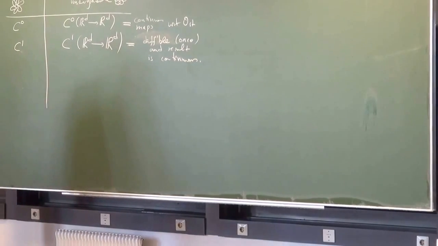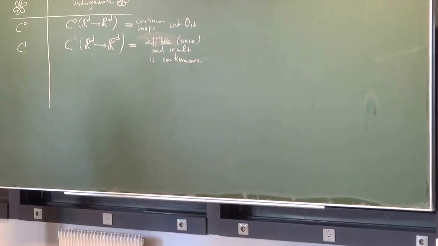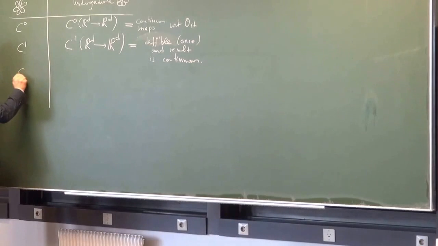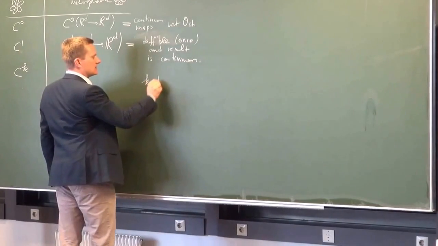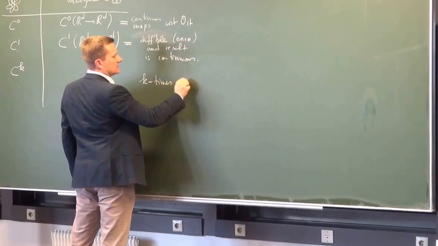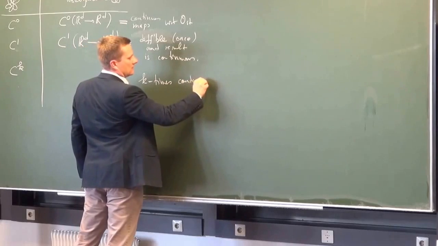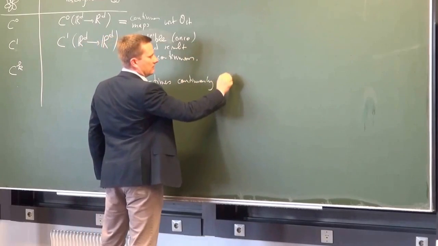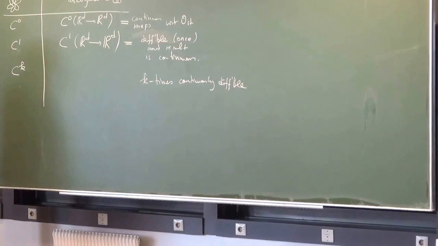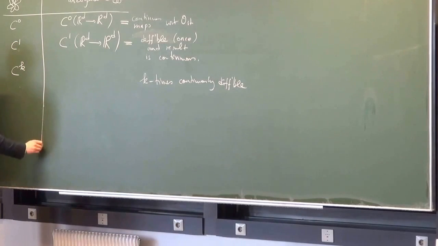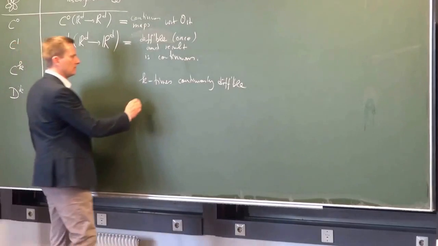You could have a function that's differentiable, but the result is not continuous. Okay? That's this. Of course, you can generalize this to C^k, the functions that are k times continuously differentiable. Now you ask, why do we insist on the result being continuous? Well, you don't have to. You could ask, is it k times differentiable?